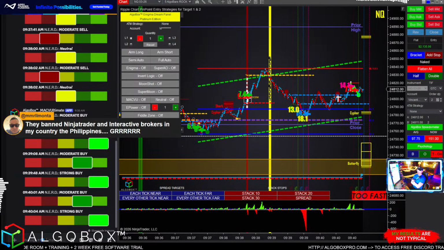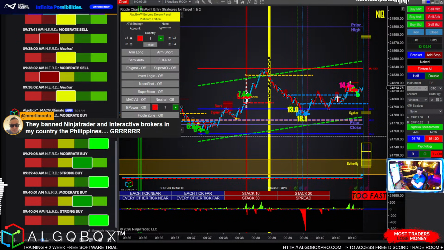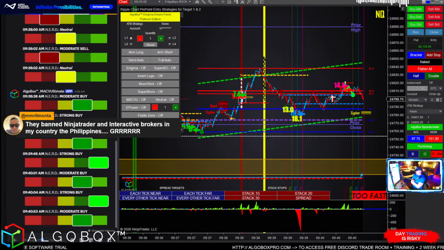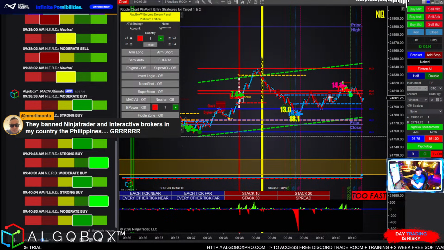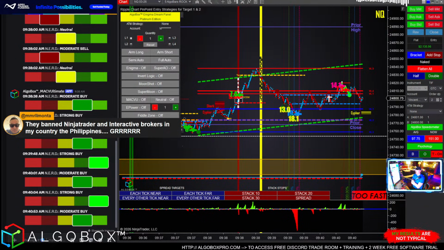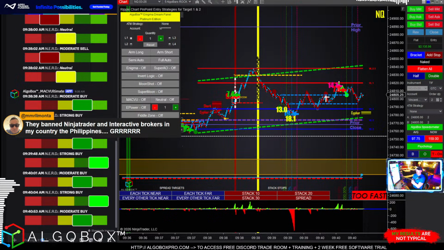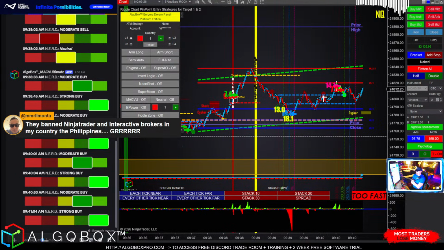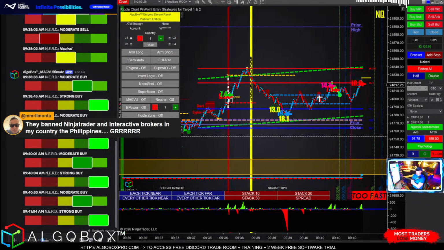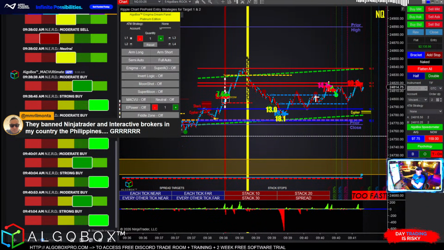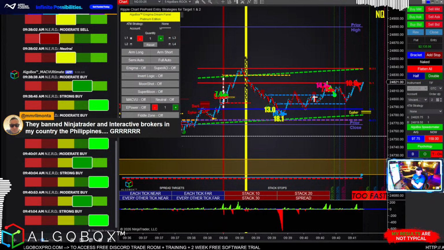Are they nationalizing the trading industry in the Philippines? I'm curious of the purpose or the reasoning. They even allow Interactive Brokers in Canada.